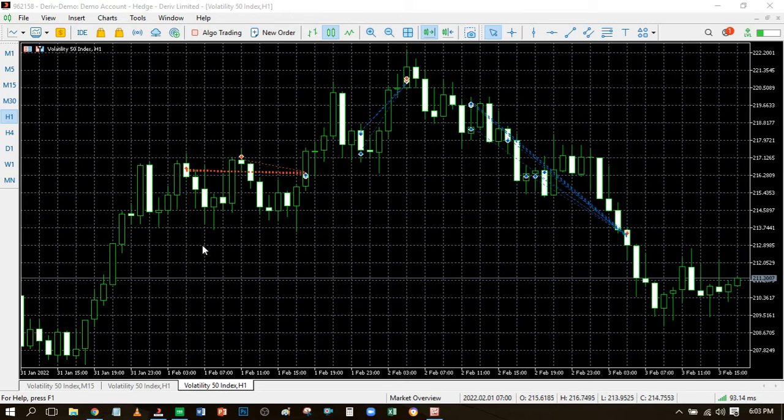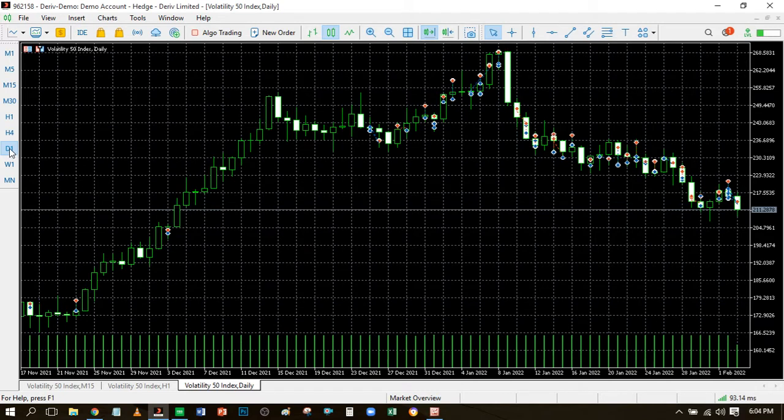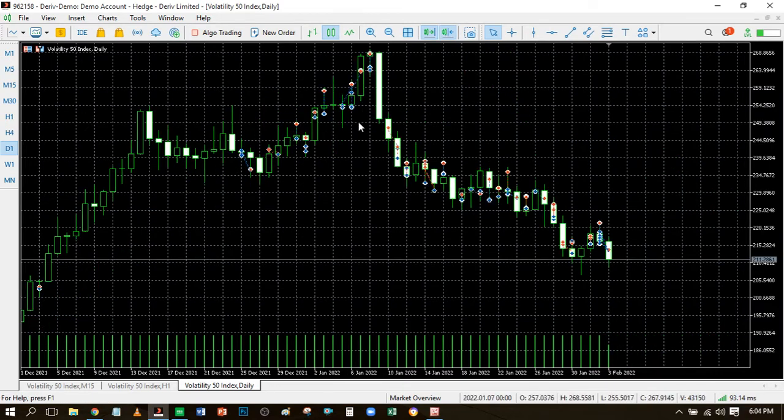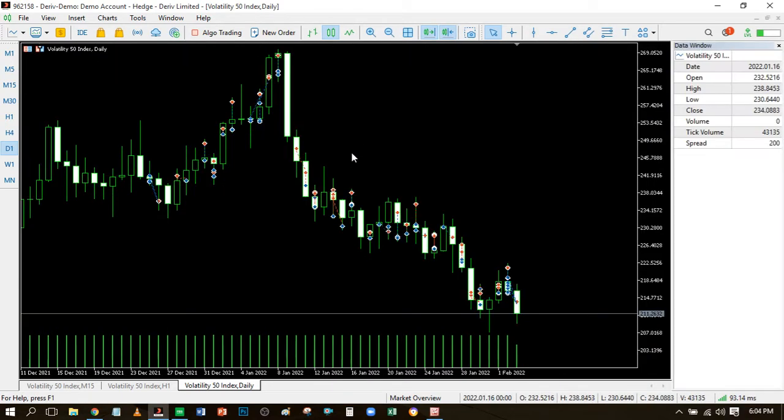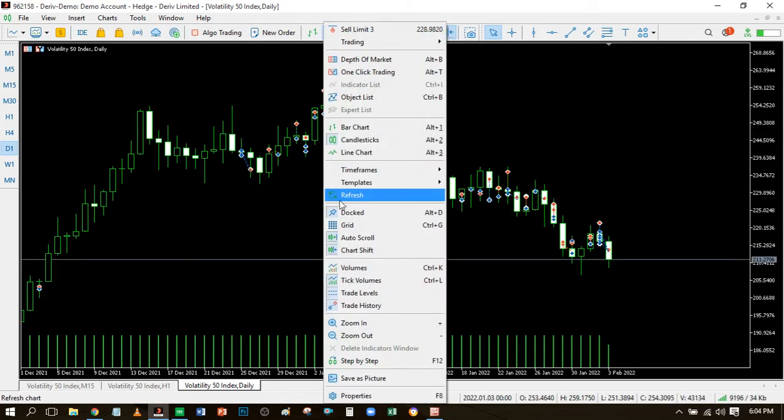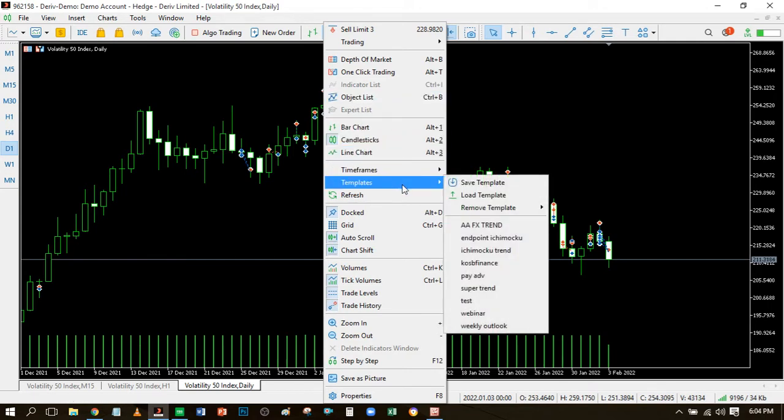for the month, when the month just starts, like right now we're in the month of February just started, what I'm going to do is I'll just go to the daily time frame, then I'm just going to remove all this, Control G, Control G, and let me remove some other things that I have on my chart.